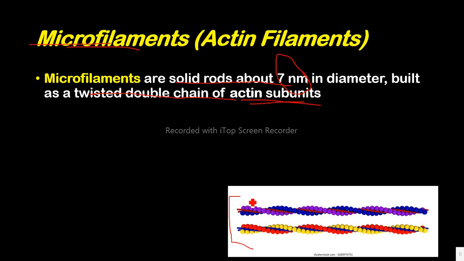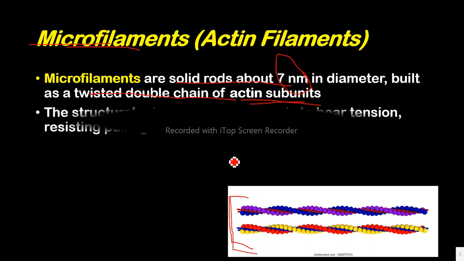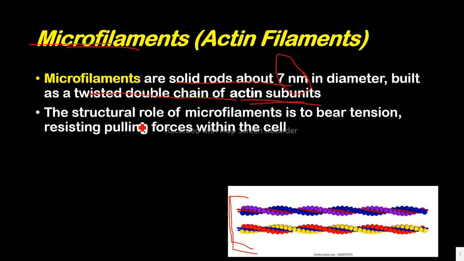This is, I think, the space filling model of the actin filaments. The structural role of microfilaments is to bear tension and resist pulling force within a cell. So in the case of any tension that is created within a cell, the cell does not overstretch.